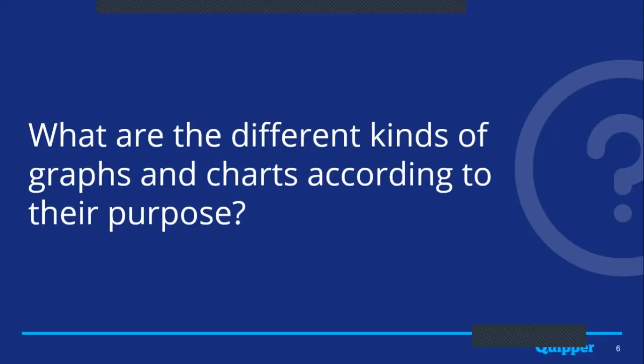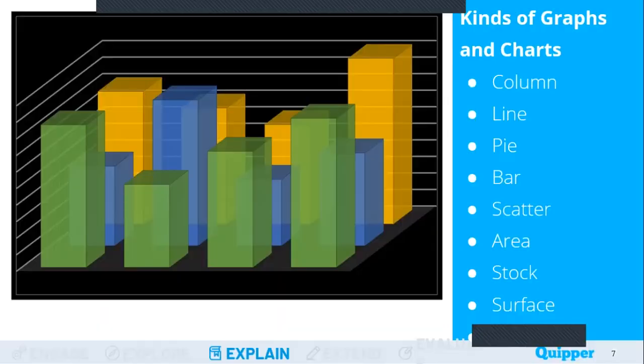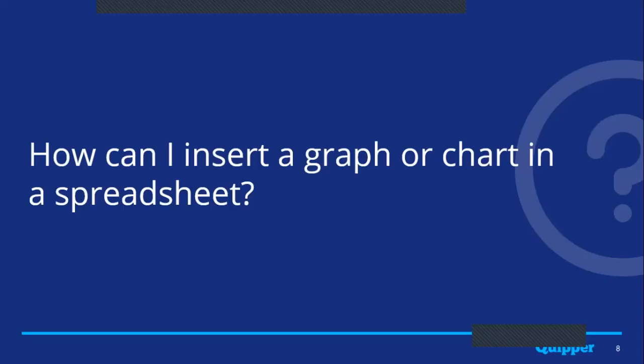You need to make a chart, right? So what are the different kinds of graphs and charts according to their purpose? We have column, line, pie, bar, scatter, area, stock, surface, and radar. How can I insert a graph or chart in a spreadsheet?